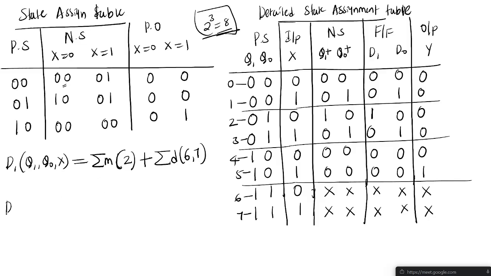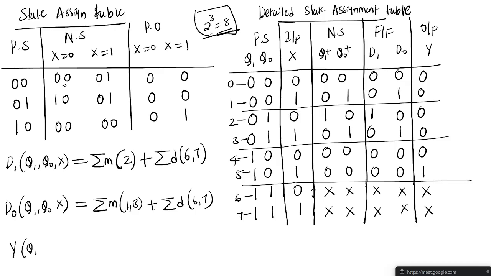And next, D0 equal to 1, 3 plus don't cares of 6 or 7. Okay. Y equal to summation of m of 5, plus don't cares.